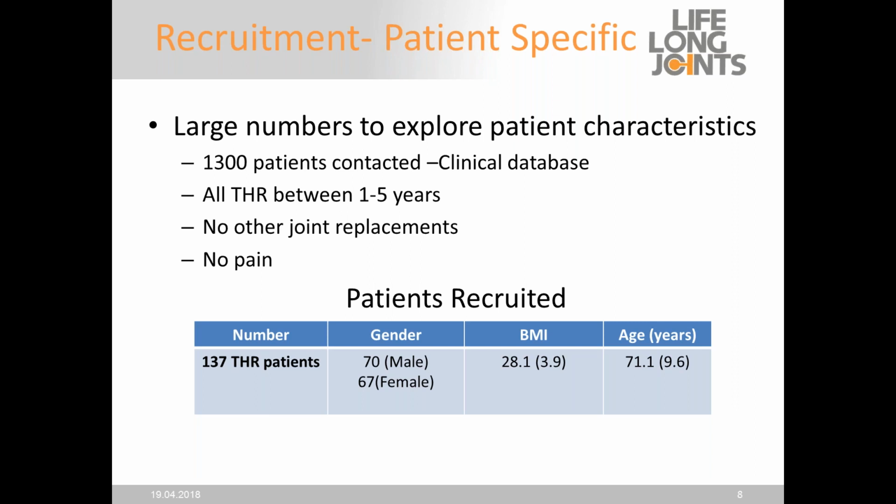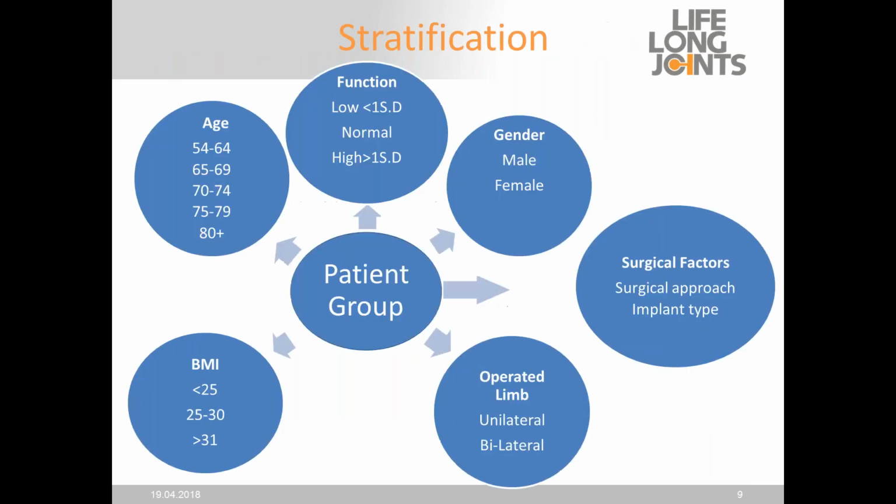We can see there was a good split between the males and females, and these were just some of the demographic information in there. The reason for recruiting such a large number of patients in the context of a biomechanical study was to allow us to stratify these patients into different groups. So this allows us to look at the differences between patients with different BMIs, with different age groups, and patients of either a male or female demographic.